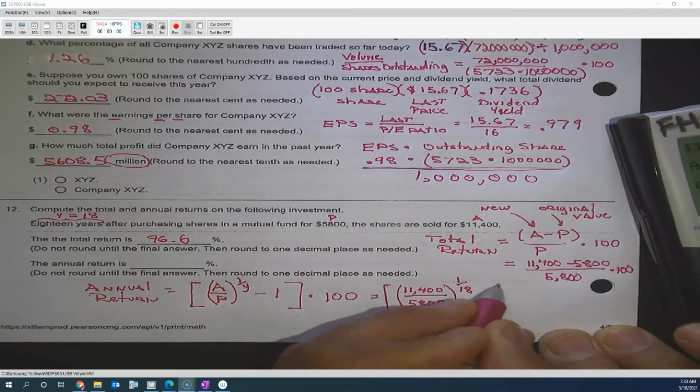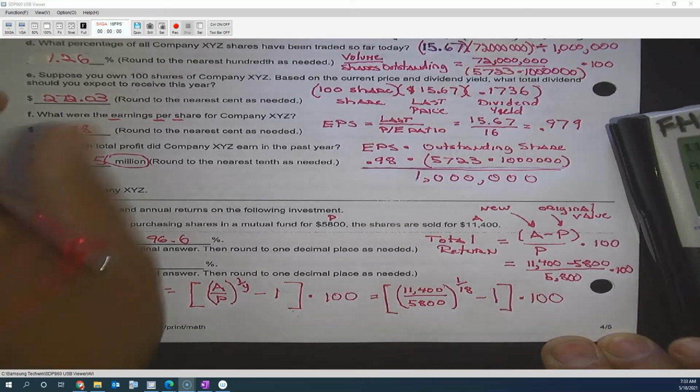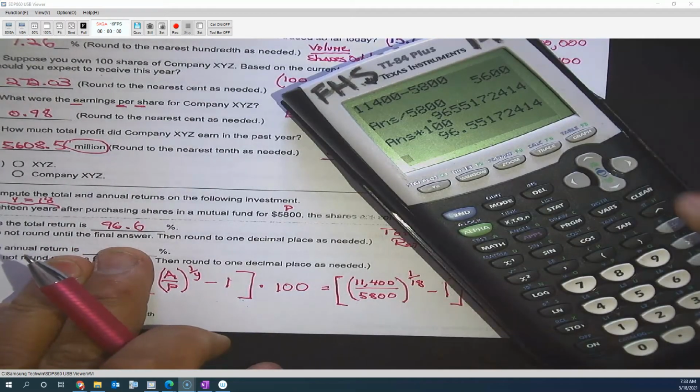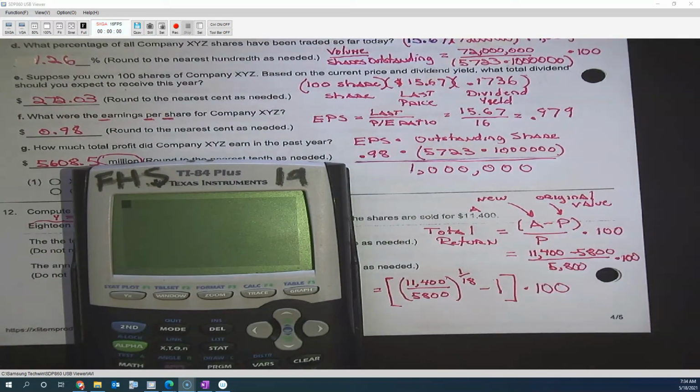Minus 1 times 100. Okay, divided by 5800.